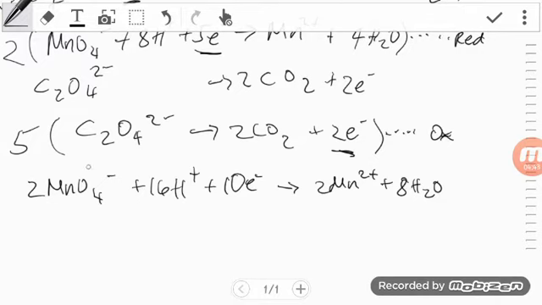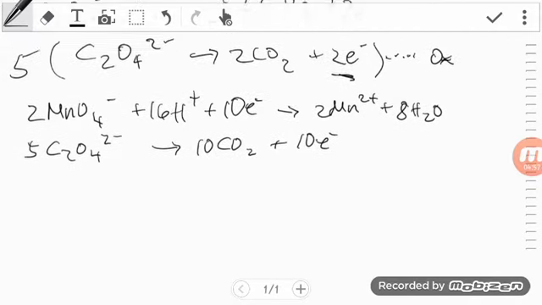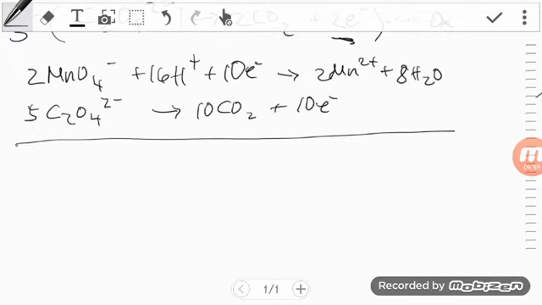And in the oxidation reaction, we have 5 oxalate ions to 10 carbon dioxide and 10 electrons. And so we would add these two half reactions to get the overall redox reaction.